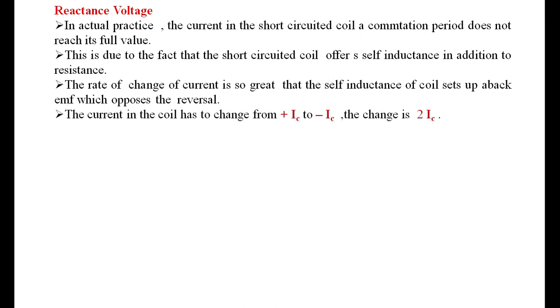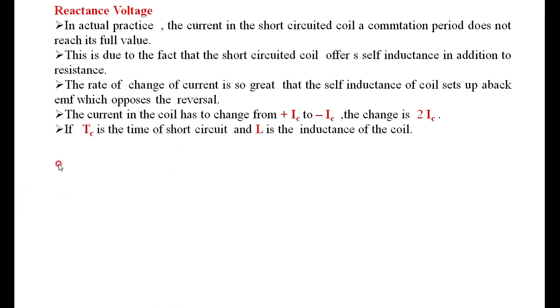The current in the coil, taking the example of plus IC per coil, is changing from plus IC to minus IC. Then the total change is IC minus of minus IC, that is 2 IC. TC is the time of short circuit, which we call the commutation time, the time taken to change from plus IC to minus IC.